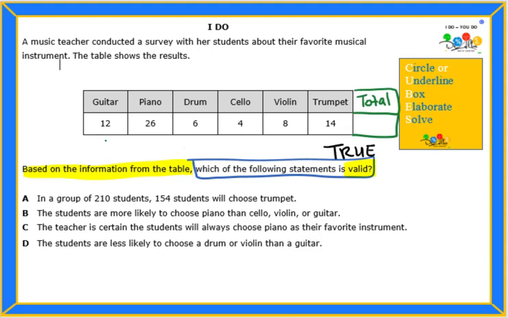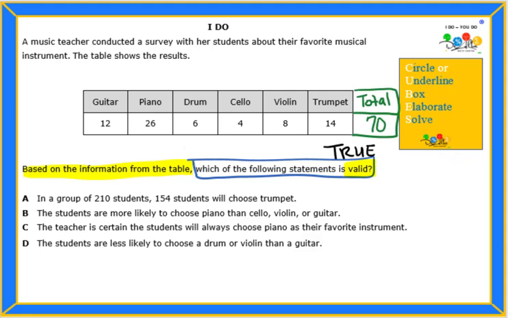So we can make an addition over here. 12 plus 26, 6 and 4, 8 and 14. That's 6 and 4 is 10, another 10, that's 30. We carry 3, 3, 4, 5, 6, 7. So the total is 70.